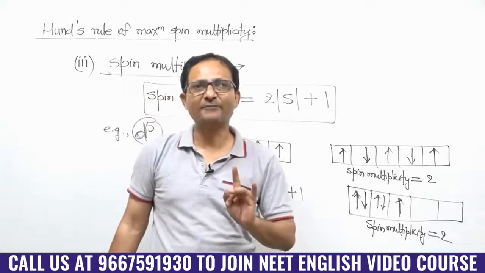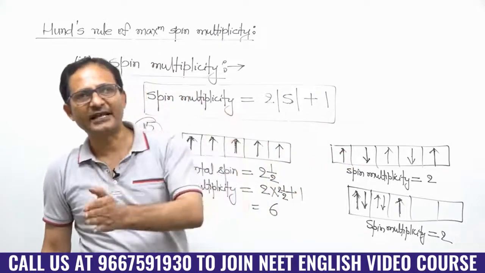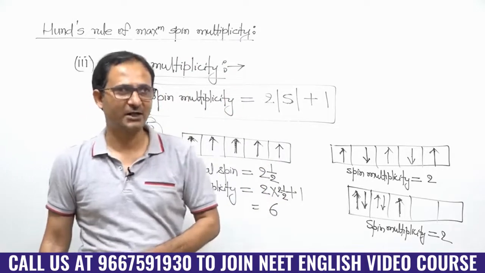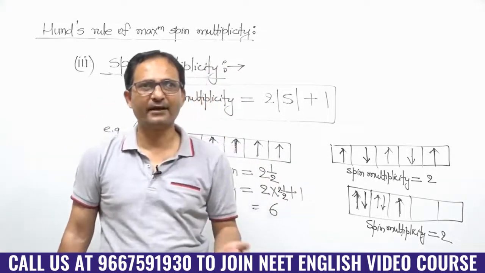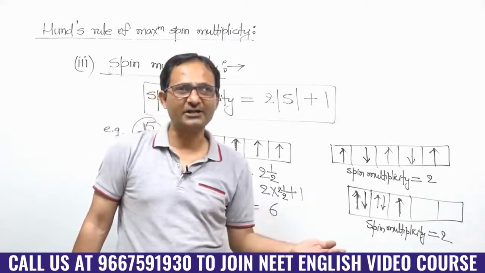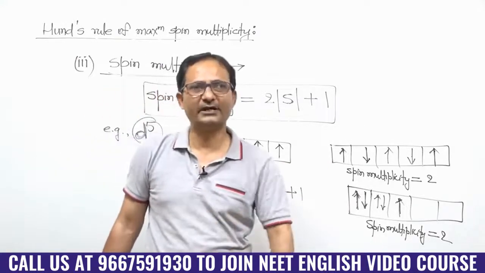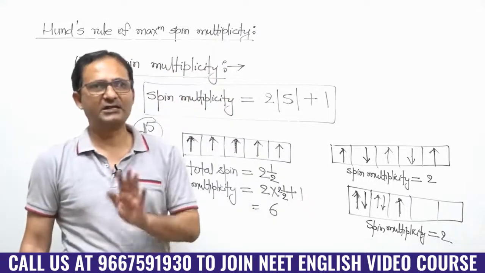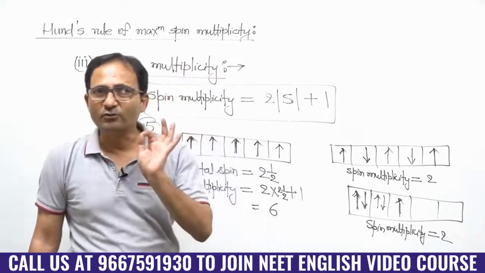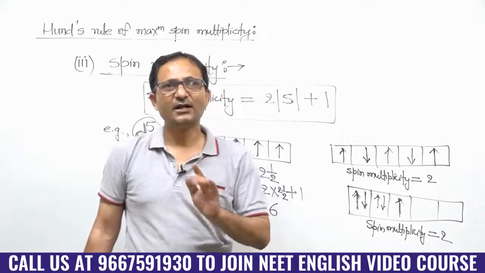Suppose we have to compare the stability of d5 and d6, then don't use spin multiplicity for that. If we have to compare the stability of d6 and d7, then don't use the spin multiplicity concept there.